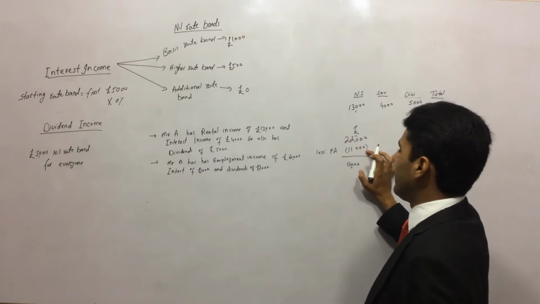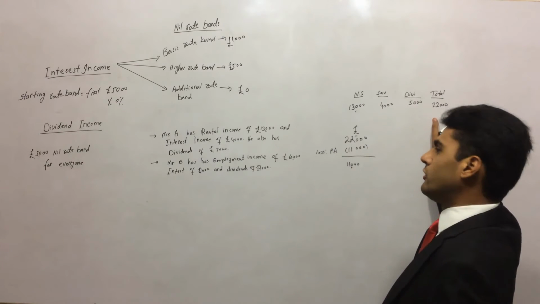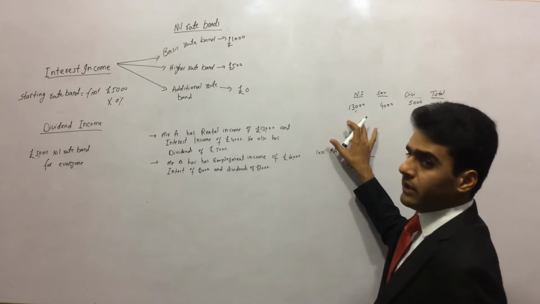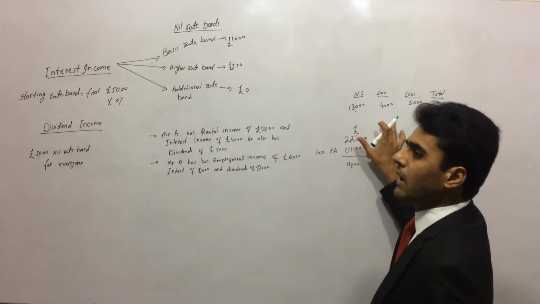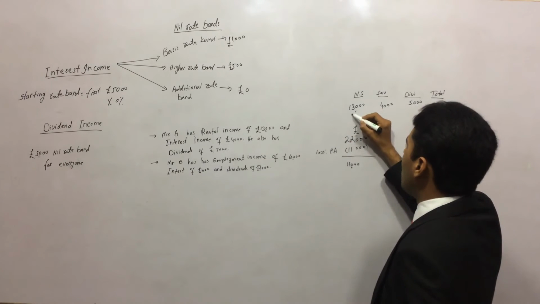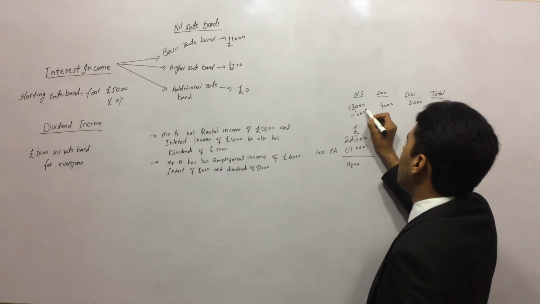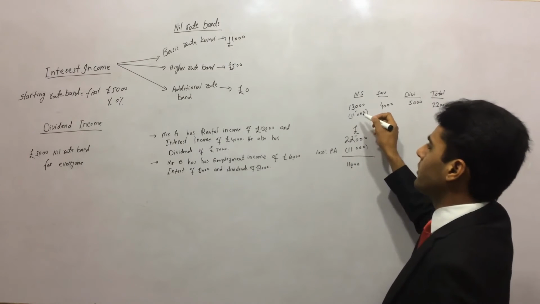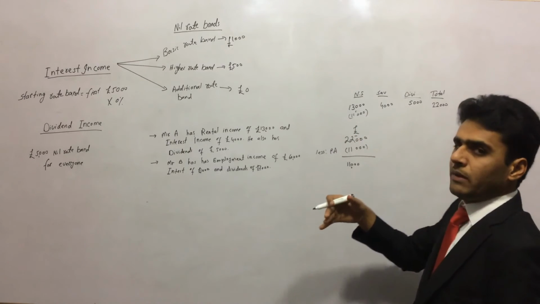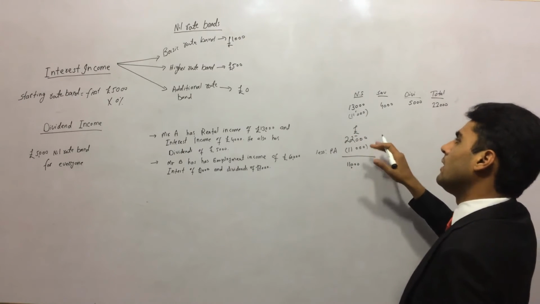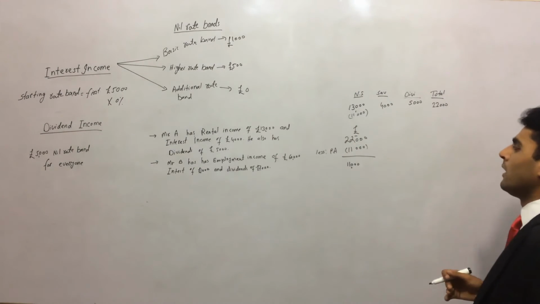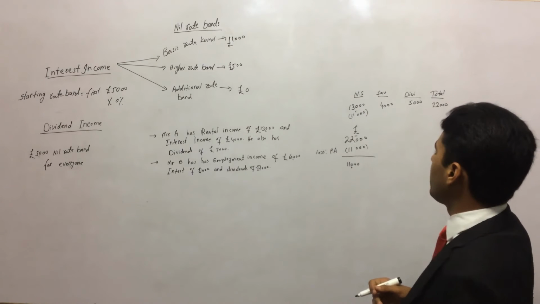When deducting this £11,000 out of the total £22,000, you remember there was a preference. First we deduct from the non-savings income, then from savings income, and lastly from dividend income. So I would deduct first from non-savings income, and if there is still some left, then we deduct it out of the savings income and finally the dividend income.